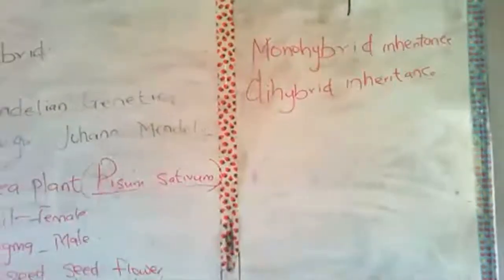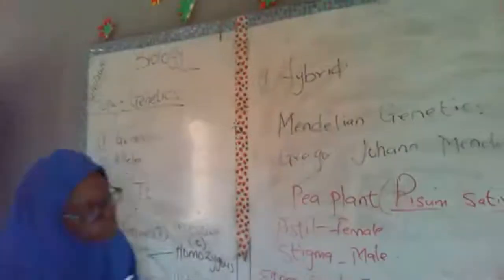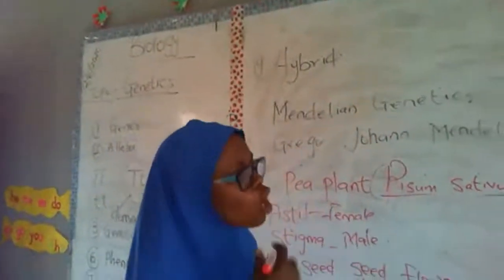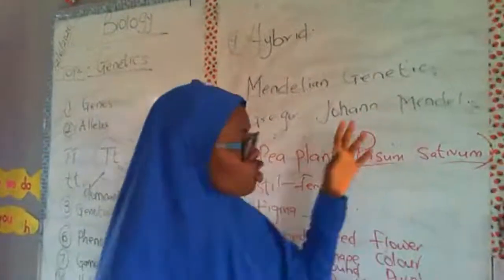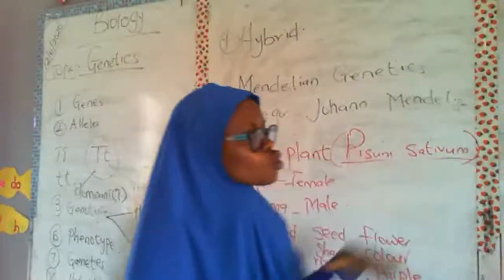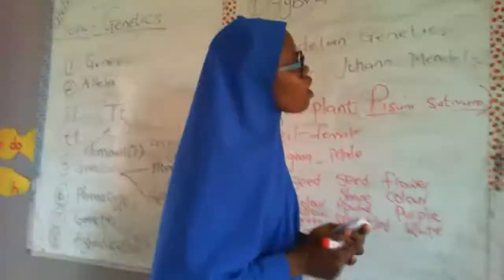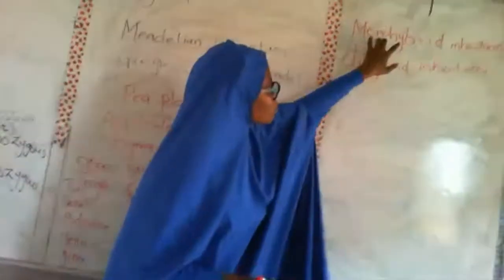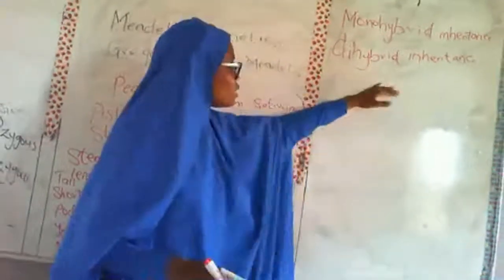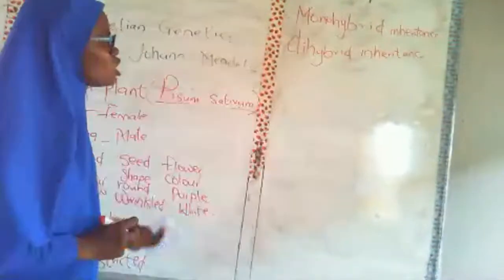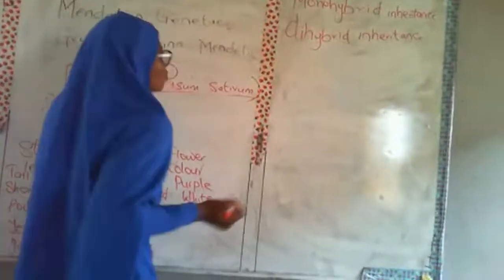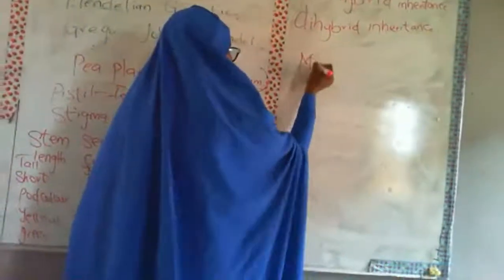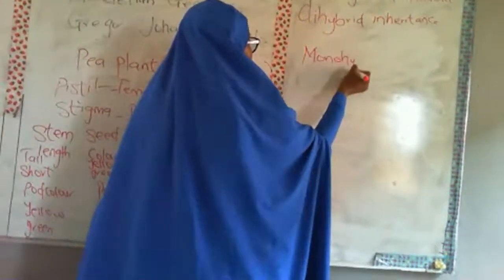I said hybrid is the offspring or progeny from a cross of two parents with unlike traits or character. Now we use monohybrid inheritance and dihybrid inheritance. So we are going to start with the monohybrid inheritance today.